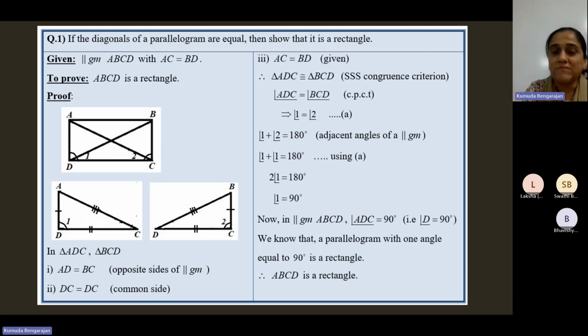We know that the diagonals of a parallelogram are unequal. If they are equal, it's a rectangle. So then where will the parallelogram go? A rectangle is a parallelogram, a more special one. It's a rectangle.